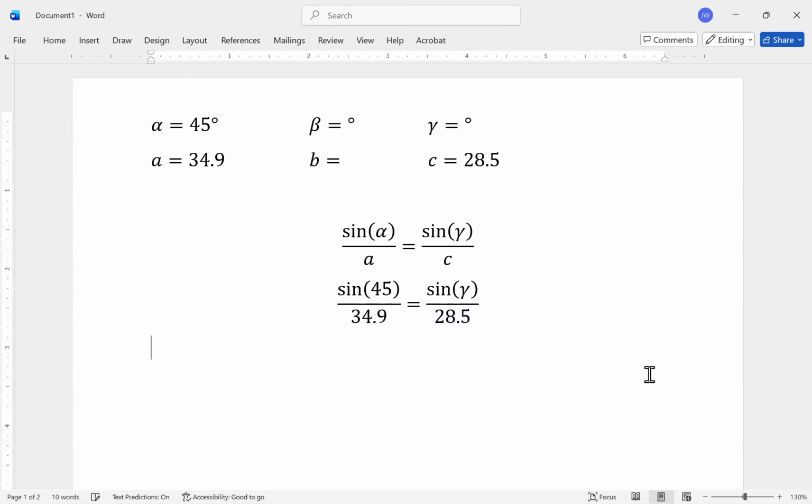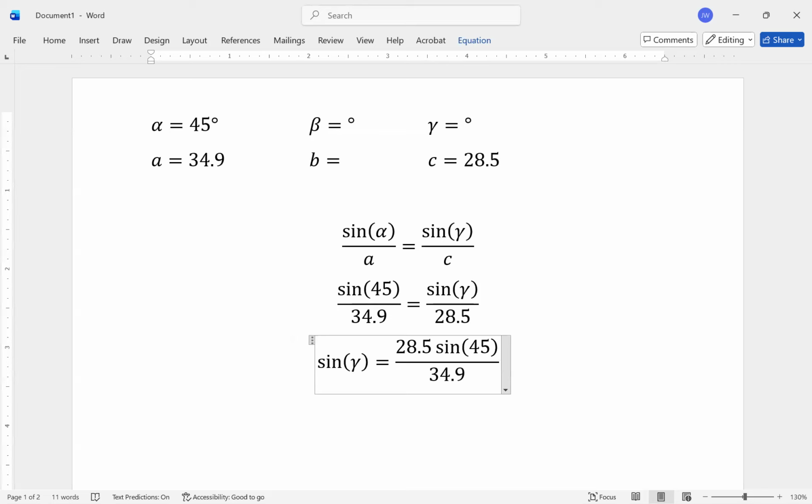So that means that the sine of gamma has to be equal to 28.5 times the sine of 45 divided by 34.9.